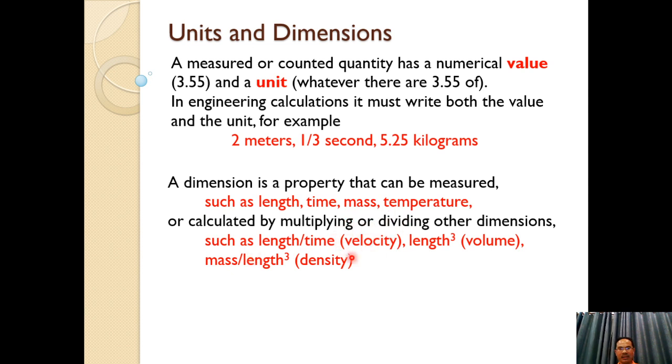Velocity is the division of length by time. Volume is the multiplication of length three times, and density is the mass divided by the volume. This is the example of dimension. The dimension can be a pure dimension or a dimension generated by multiplying or dividing other dimensions.